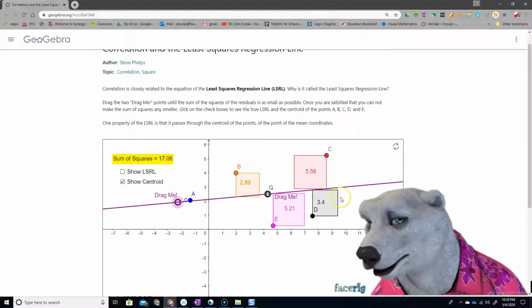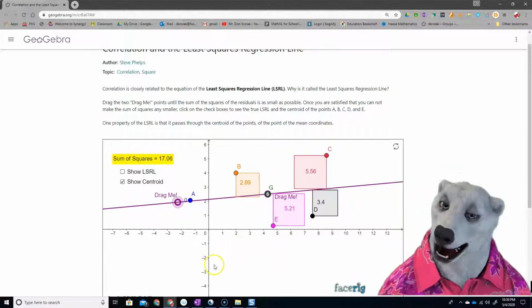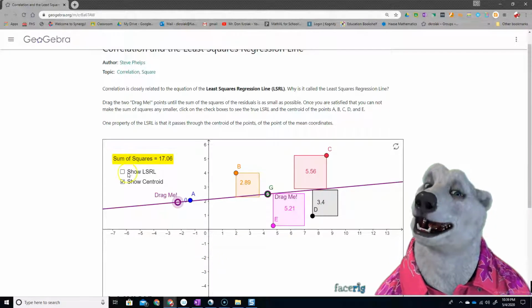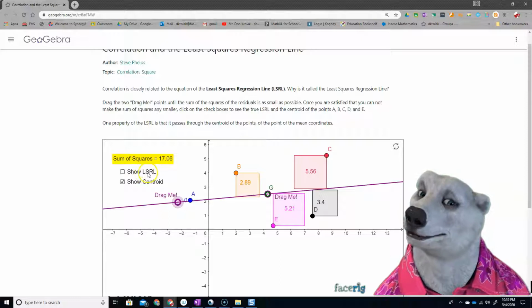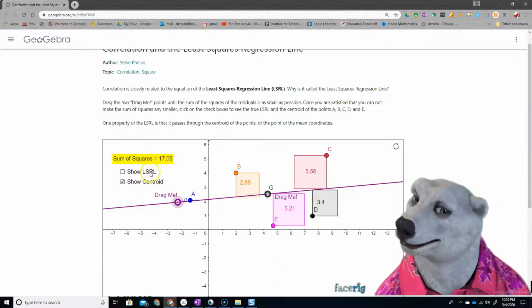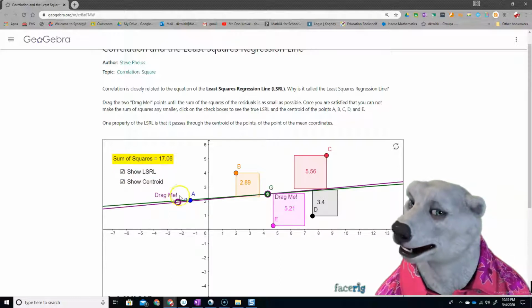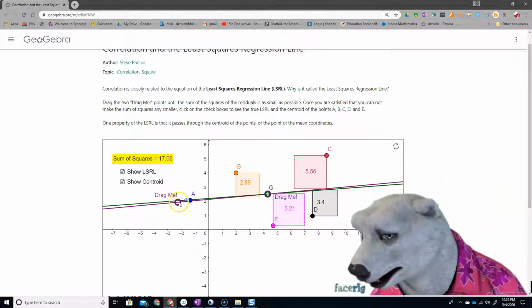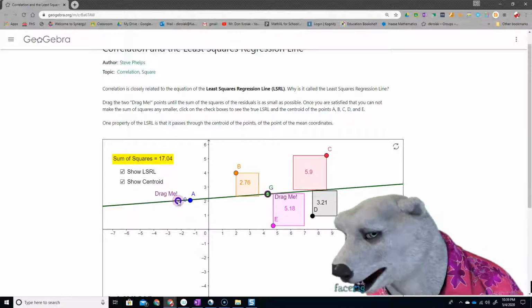Well, to save us some time here, I'm going to click here. It's going to show me the least squares regression line. Oh, that was pretty darn close. Tell you, Floydo's still got the touch.